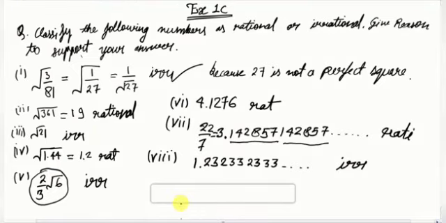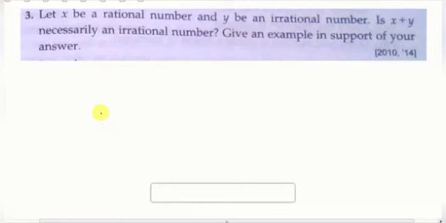Now let's see one more question. What is the question? Let x be a rational number and y be an irrational number. Is x plus y necessarily an irrational number? Give an example in support of your answer.